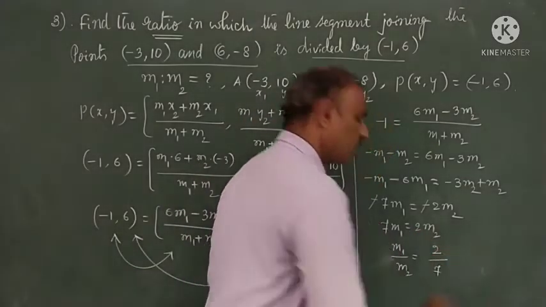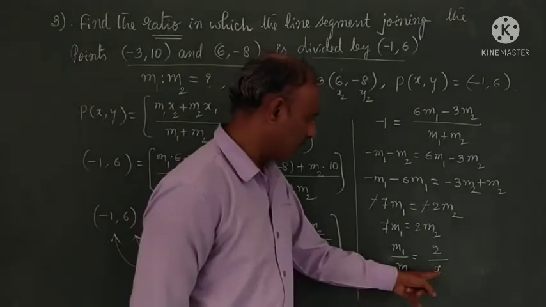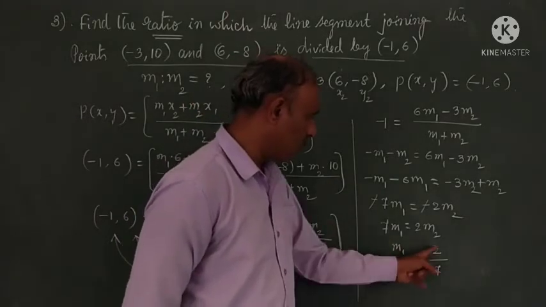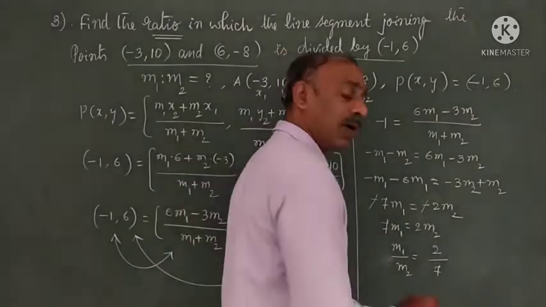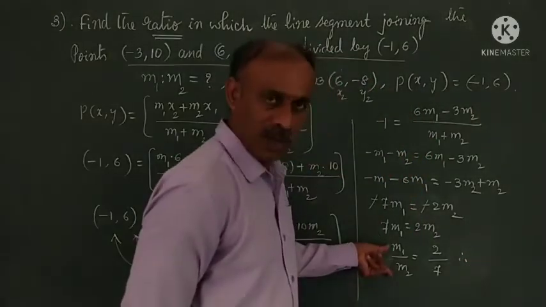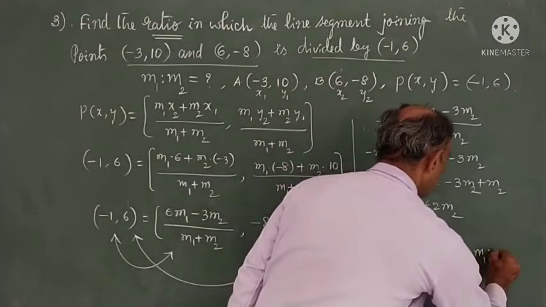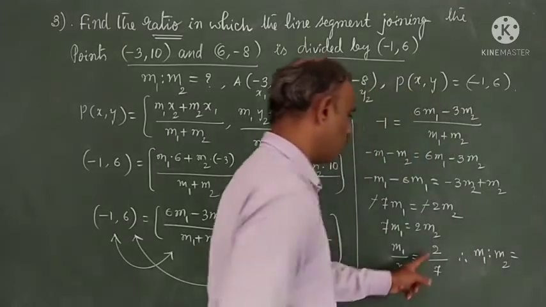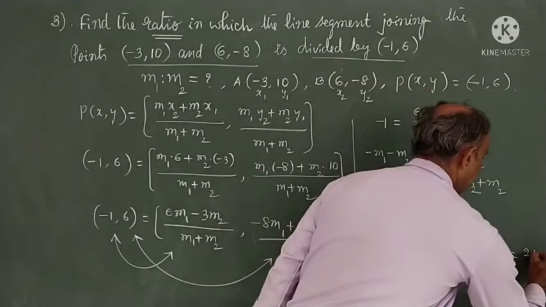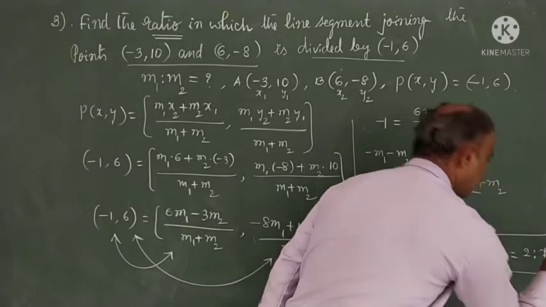If you cross multiply, you get back the same: 7 into m1, 2 into m2. But we want the ratio, and this is in fractional form, so we want ratio form. Therefore m1 is to m2 is equal to 2 is to 7. This is the required result.